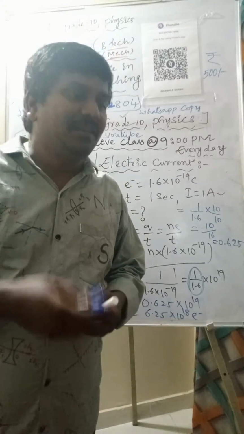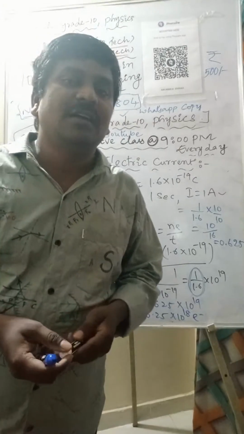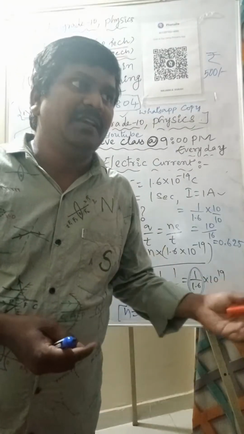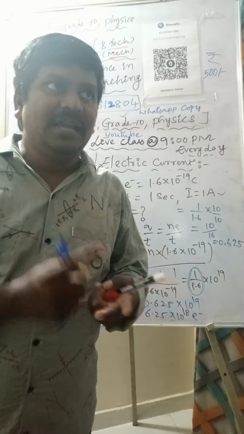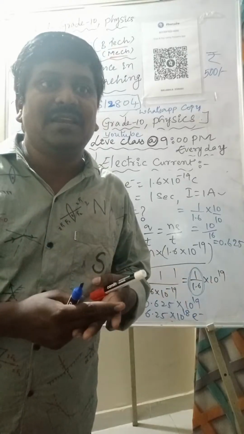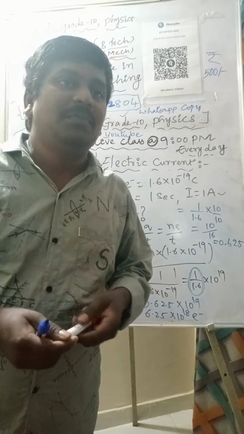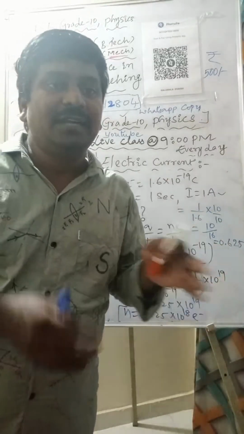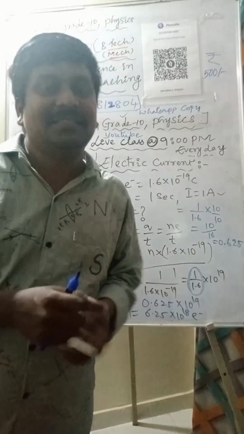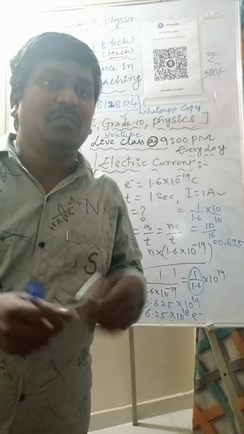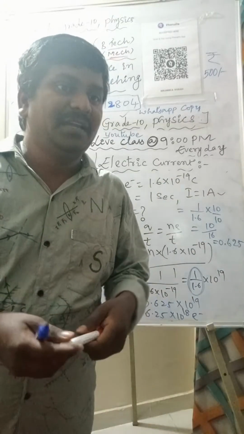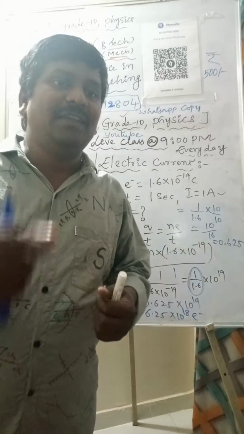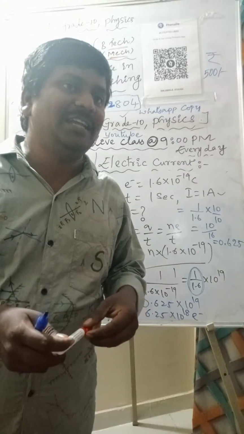Evening 6 o'clock I am explaining the remaining chapters: human eye, light chapter and magnetic effects of electric current. Daily I am trying to complete at 6 o'clock. So the 9 o'clock class I dedicate to electricity because we need to work out more on electricity. So sure, I will explain the light chapter.